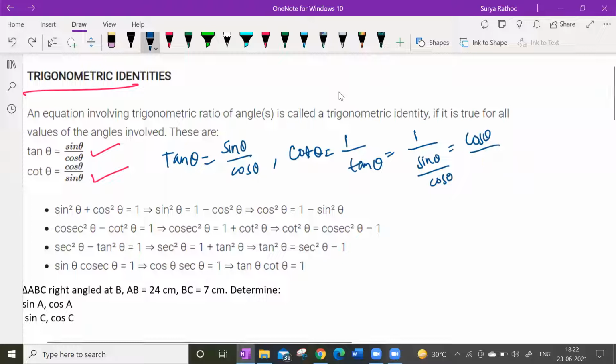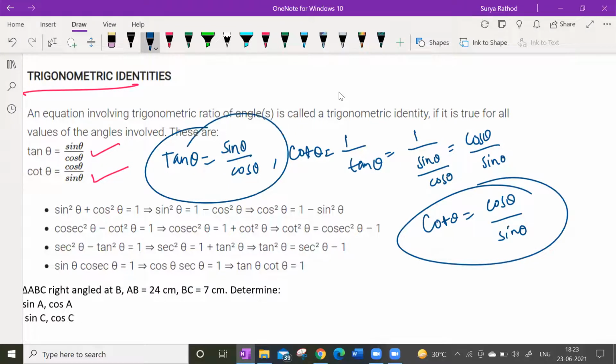Cot theta can be written as cos theta divided by sin theta. Tan theta can be written as sin theta by cos theta. Till here is this clear with everyone?